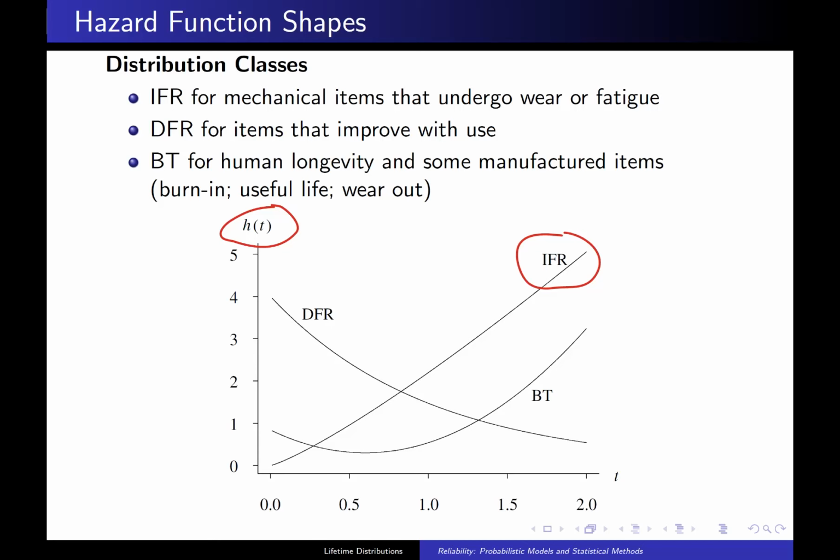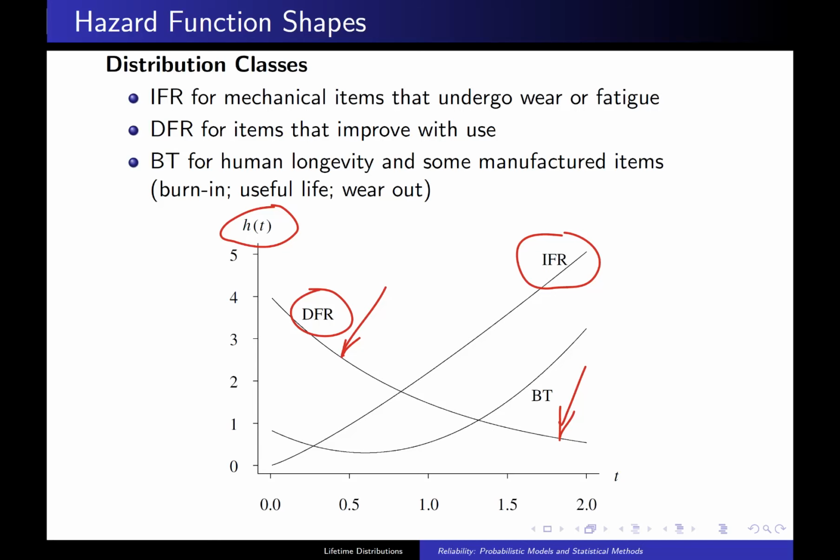The second case is DFR, and that stands for decreasing failure rate, and that, for example, is an item that improves with use. An example of that is software. Software has high risk of failure when it is first written, but over time, as the bugs are pulled out, for example, the risk decreases.